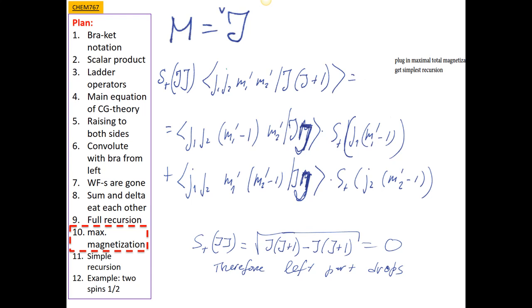This means that J1, J2, m1, and m2. So it is a summation of the first spin up, second spin down, and first spin down, second spin up, with unknown coefficients.